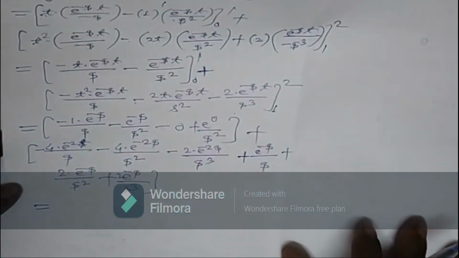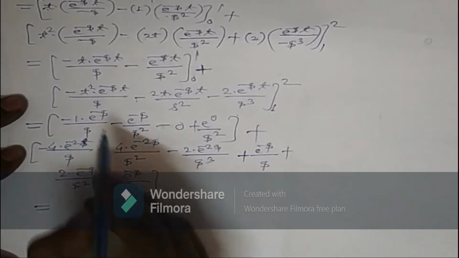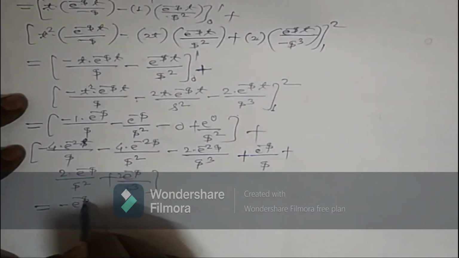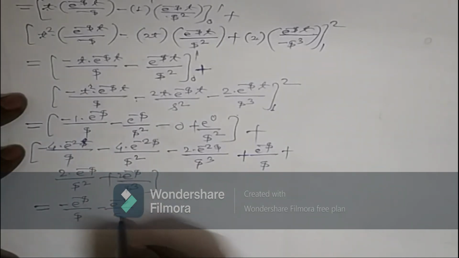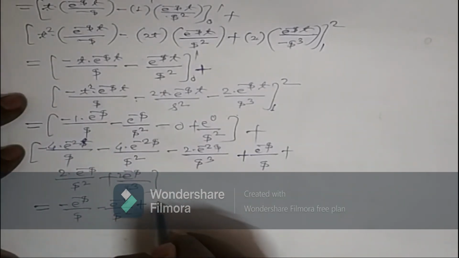So that is equal to minus e raised to minus s upon s, minus e raised to minus s upon s square, plus 1 upon s square.